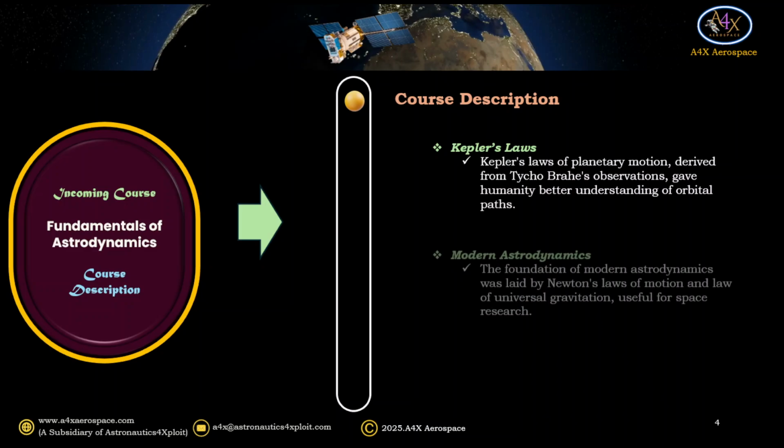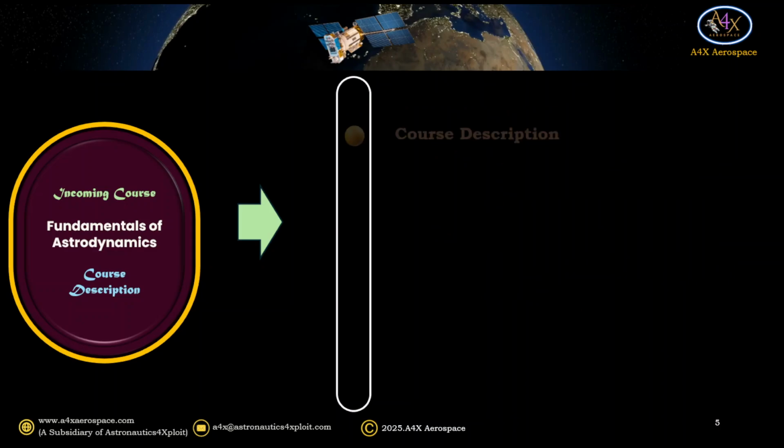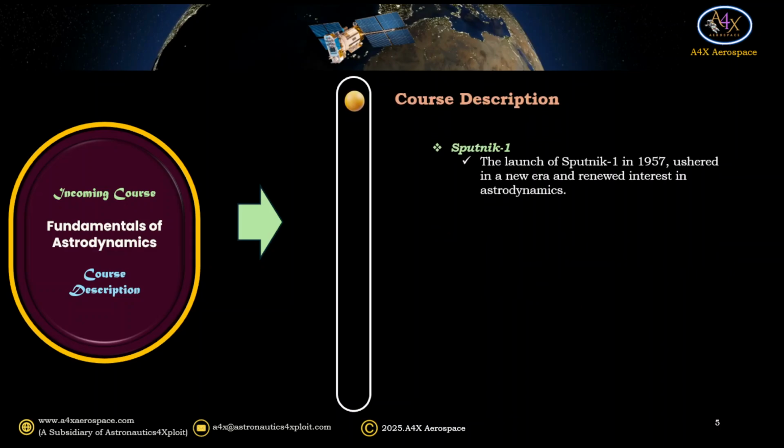The foundation of modern astrodynamics was laid by Newton's laws of motion and law of universal gravitation, which are useful for space research. The launch of Sputnik 1 in 1957 ushered in a new era and renewed interest in astrodynamics.